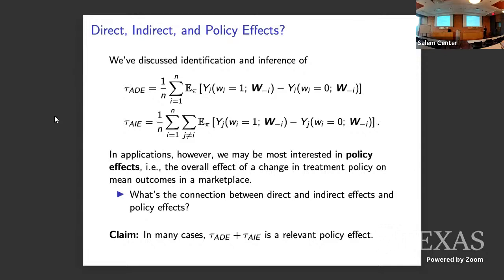So with the connection between these estimates and policy effects, the claim is that the sum of the average direct and indirect effect is, in many settings of interest, a relevant policy. So the last thing I wanted to do today is work through one specific example. It's going to require a little more notation, but just work through how the sum of these two is something for policy.